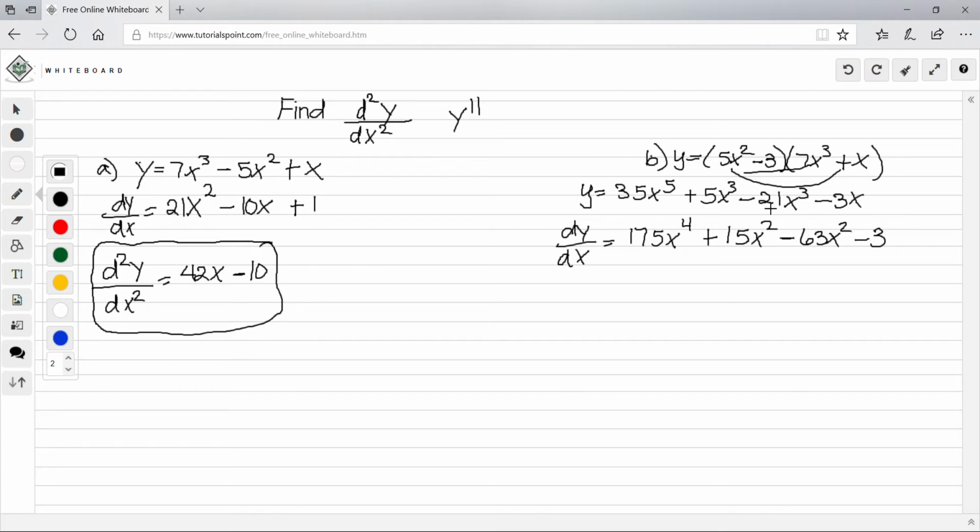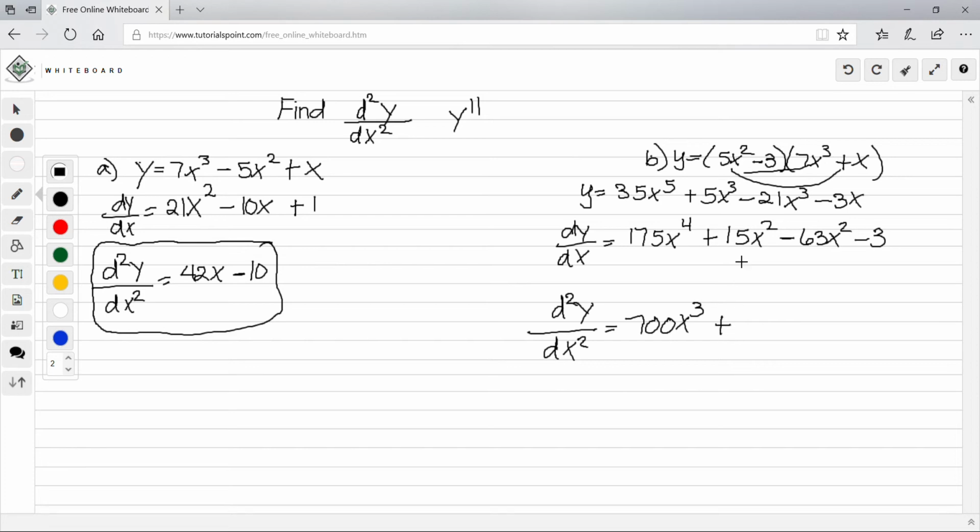So this is our first derivative, so we've got to take the second. So the second is d squared y over dx squared. So 175 times 4 is 700, and then 4 minus 1 is 3, so you get it cubed.